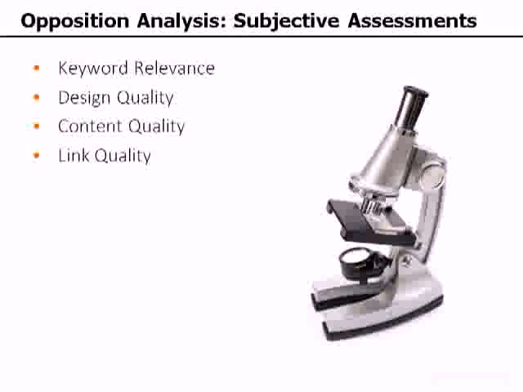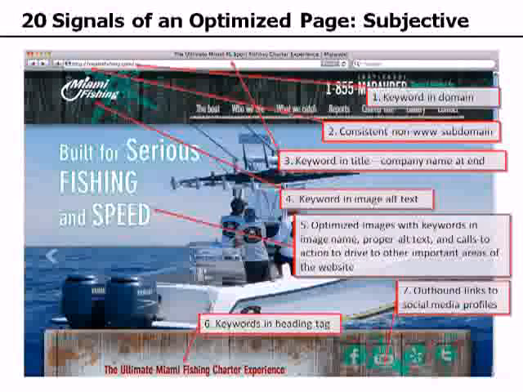Now, something that would be a little bit more subjective that does have an impact would be keyword relevance, design quality, content quality, link quality. These are all qualitative, subjective things that we could assess through something like a site audit. We could look at something like 20 signals of an optimized web page, and based on how important we think these factors are, it's somewhat subjective here.